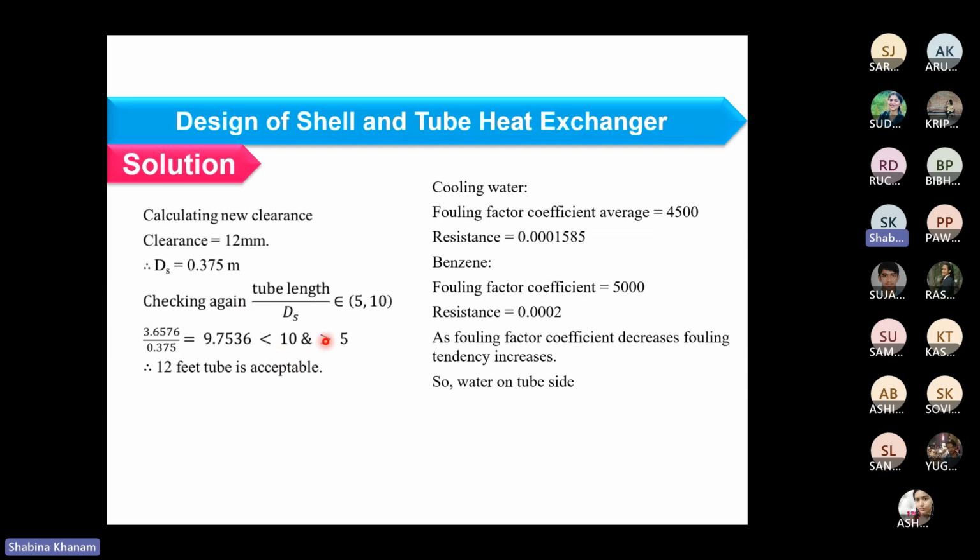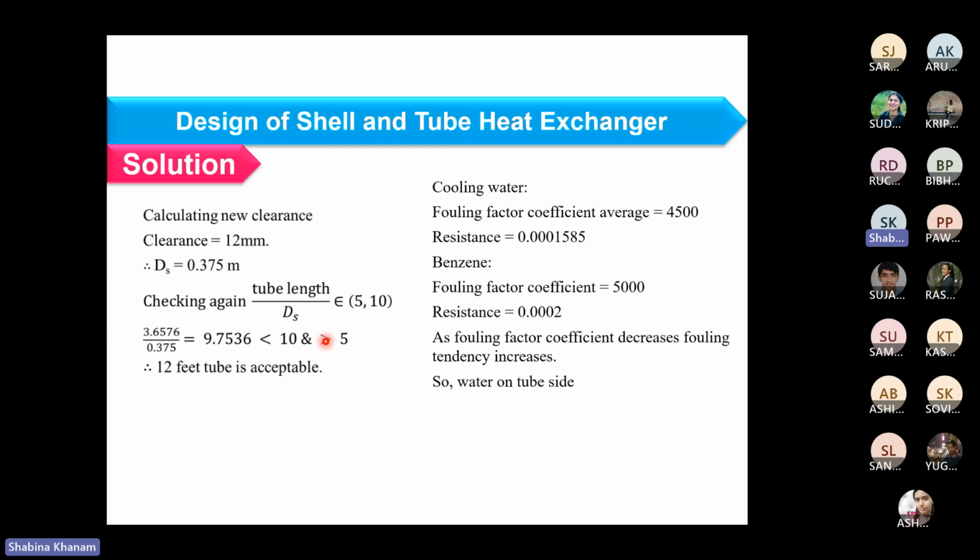So 12 feet is the correct length of the tube, or we can say the length of the exchanger. Length of the exchanger means where tube and shell are available, not the covers. Covers will have some standard that will be added.